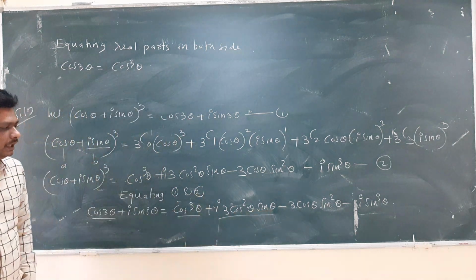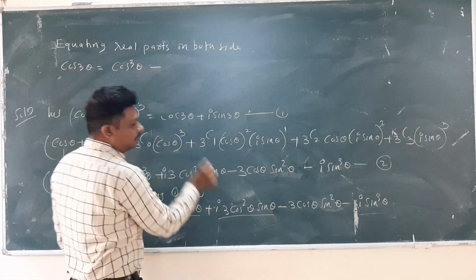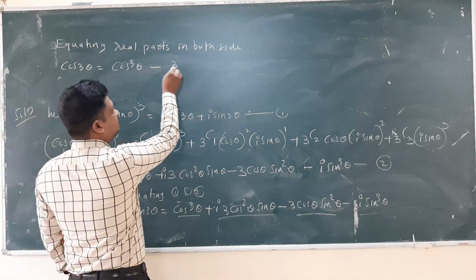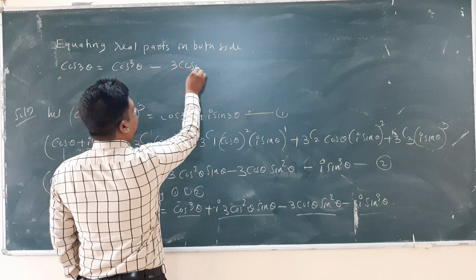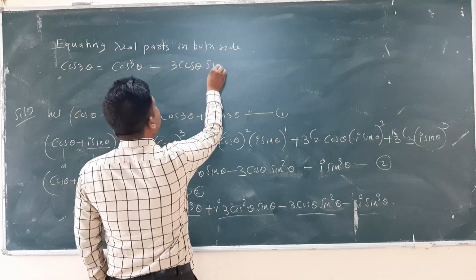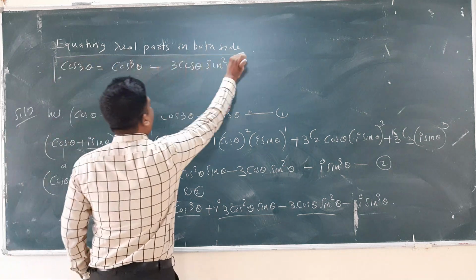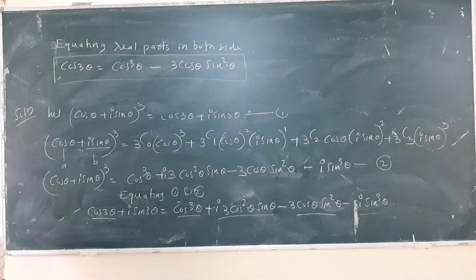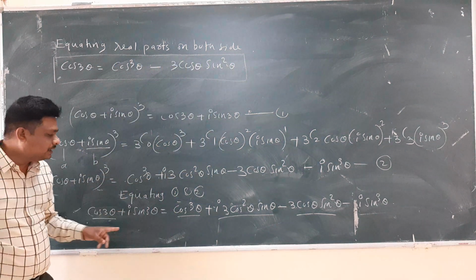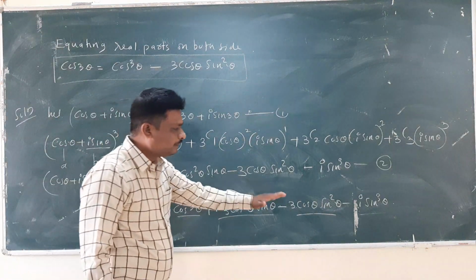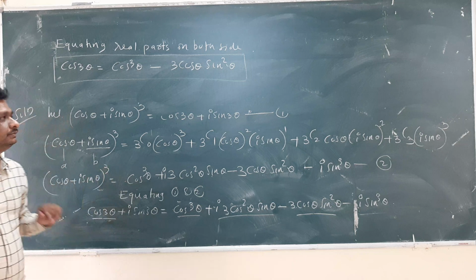We need only the real part. Minus this one is real because it is free from i, minus 3 cos theta into sin square theta. So this is the expansion of cos 3 theta. If you want, you can write the expansion for sin also. If you want sin, you have to compare the imaginary parts.